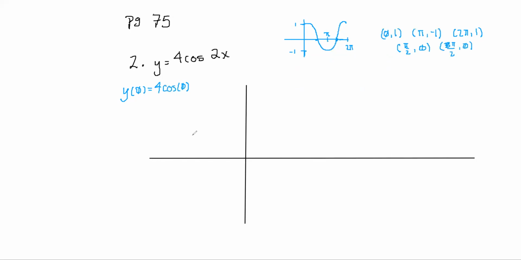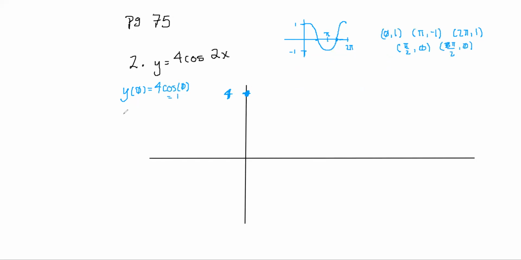So, I know that this point is going to be up here somewhere. I know that the cosine of 0 is equal to 1, so this is going to be at 4. And that's going to inform how I draw the rest of this graph. So I have a big old point right here.